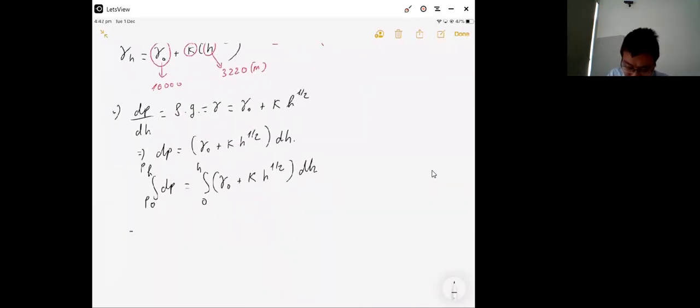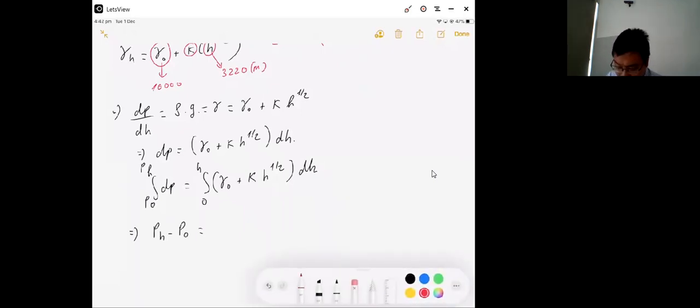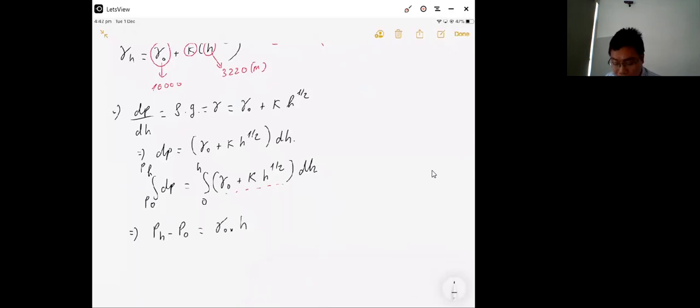From this one, you will have PS minus PO equal to, when you move the constants out of the integral, gamma O S plus K S^(3/2) divided by 3/2, from 0 to S.